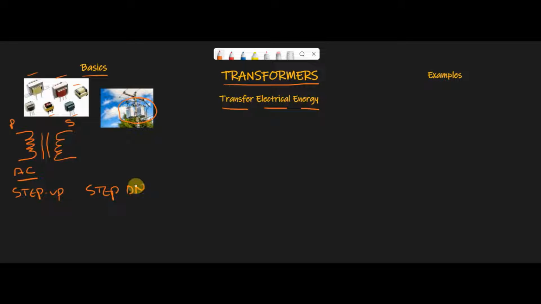Now, a step up has a winding, and I'm going to represent this a little bit differently. But let's just say this is an iron core. This represents in the schematic the iron core. We have some wires wrapped around the primary side, and there's just a couple of windings. But then on the secondary side, there's many more windings.